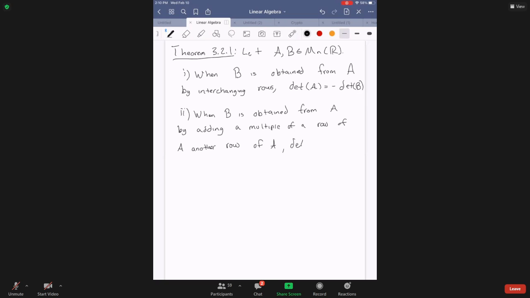Okay, so the determinant of A is equal to the determinant of B. Okay, so that's another one.